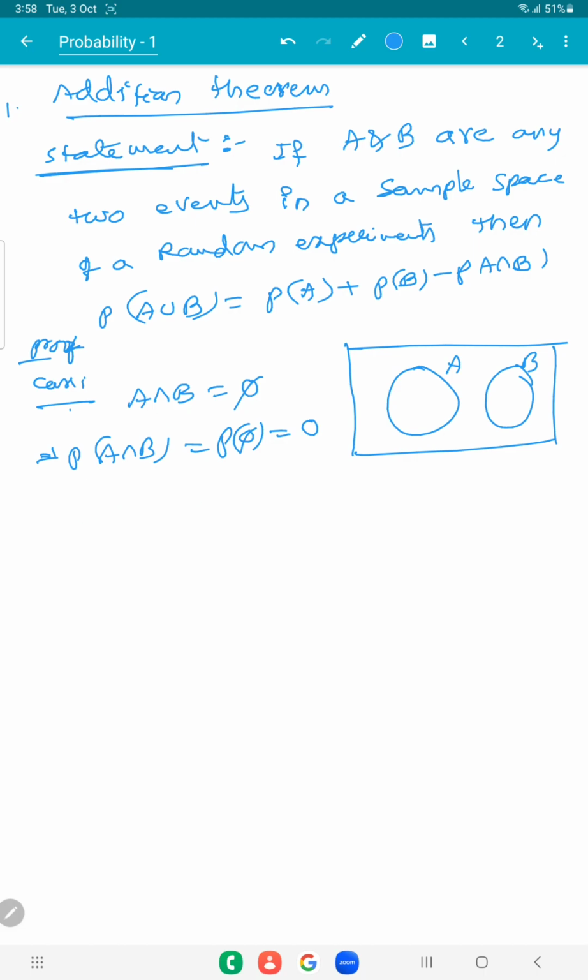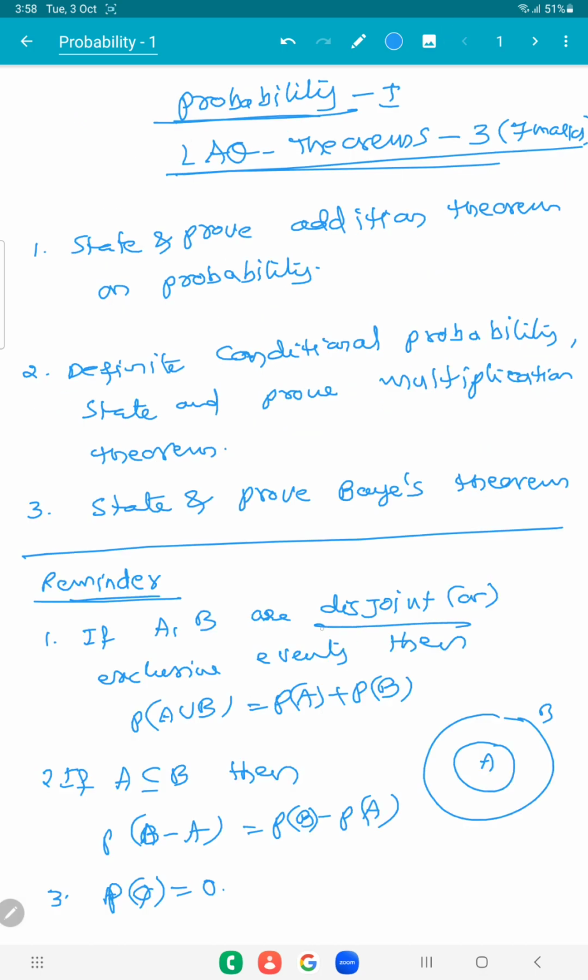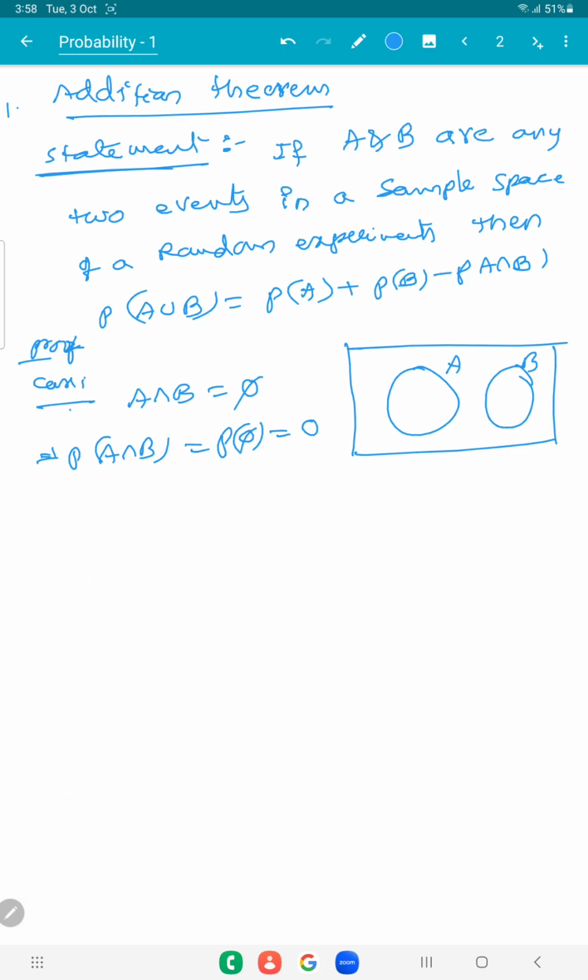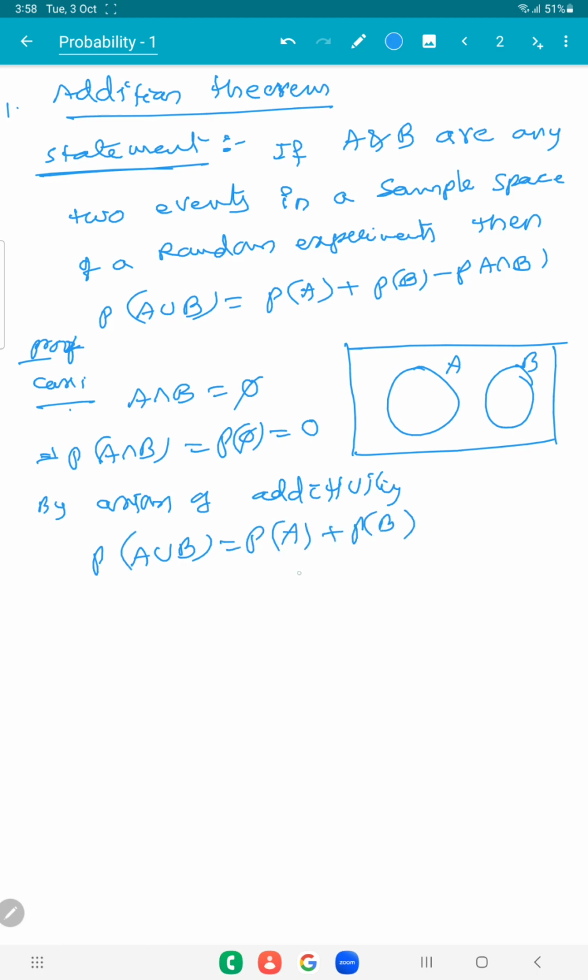When two sets are disjoint, what is the axiom of additivity? By the axiom of additivity, the probability of A union B is equal to the probability of A plus the probability of B. So this can be written as the probability of A plus the probability of B minus 0.